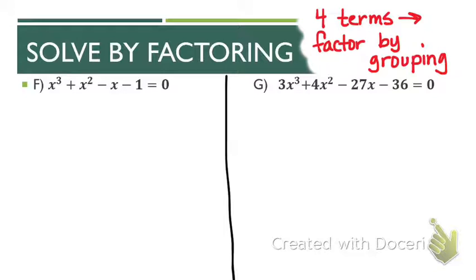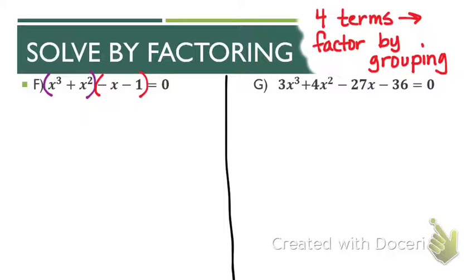So with 4 terms, you're going to factor using the grouping method. When you factor using the grouping method, you put the first 2 in a group, and then I'm going to group the second 2.